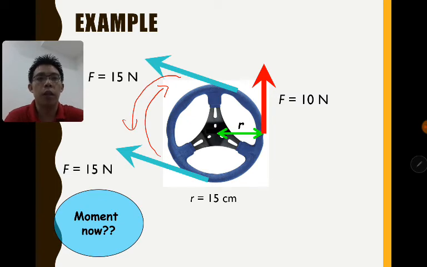So therefore the steering actually will not rotate further using your force compared to the 10 Newton there. Okay, so that is the balance, and we don't call that a couple because they are not opposite in direction, they are in the same direction, so they balance each other in terms of the moment.